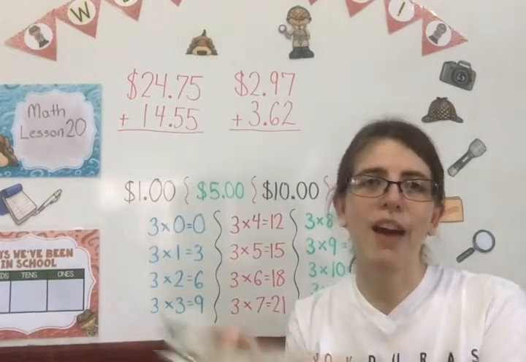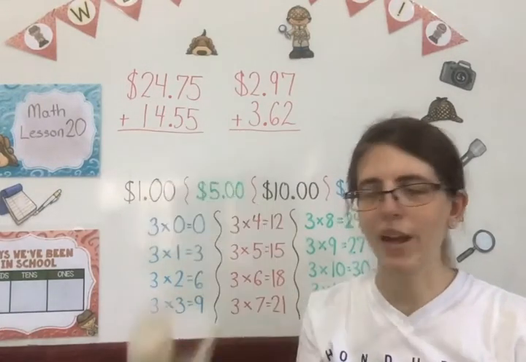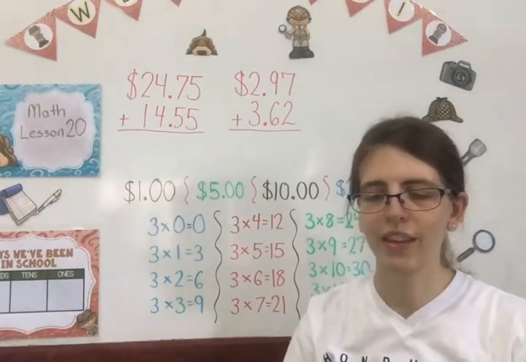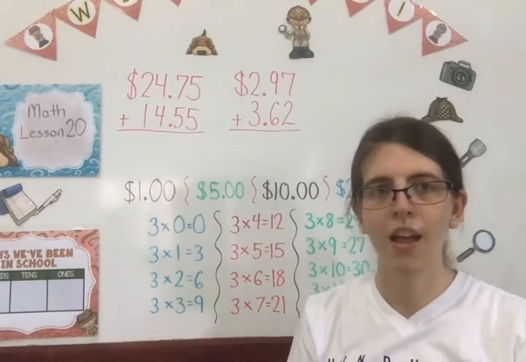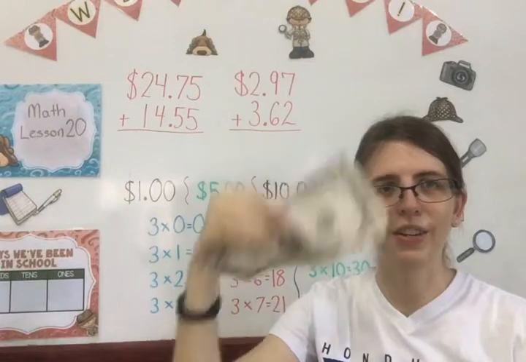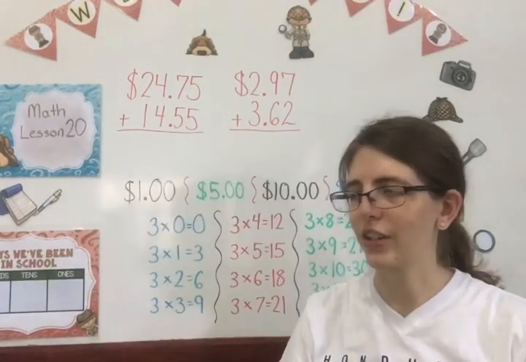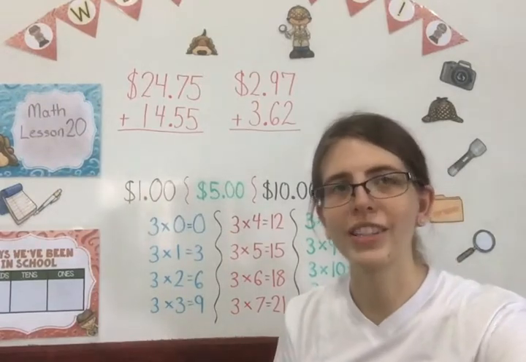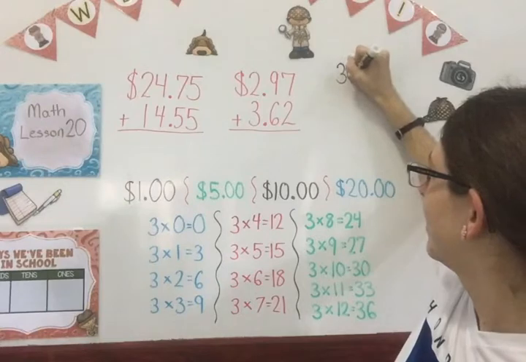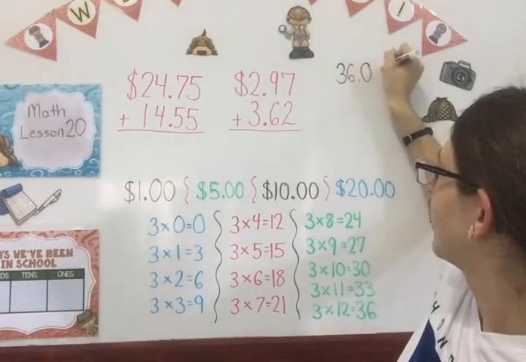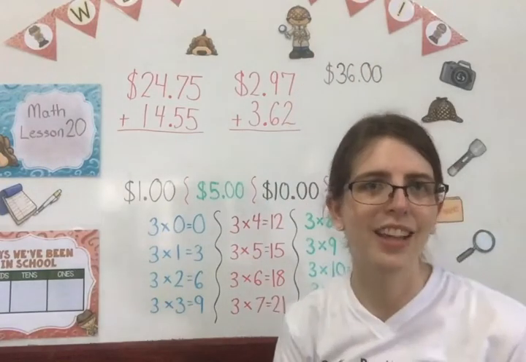So if I were to count just these ones that I have, I would start with my 20 plus 10 is 30, plus 5 is 35, plus 1 is 36. So all together, that would be $36. And I would write it just like that, $36.